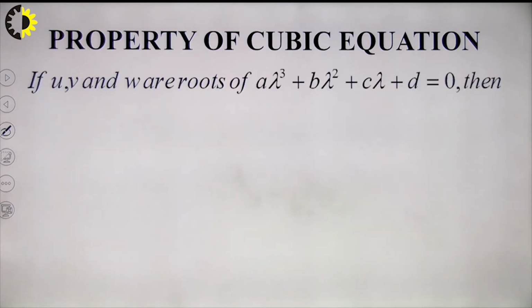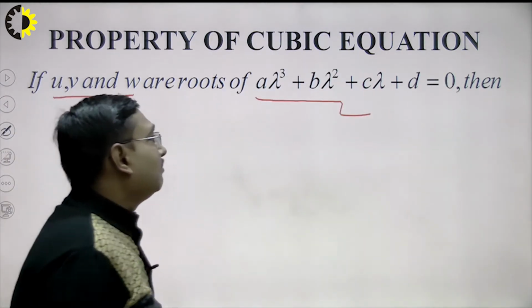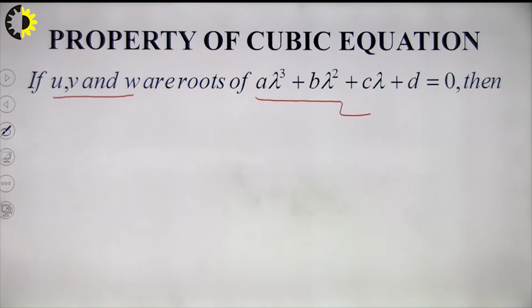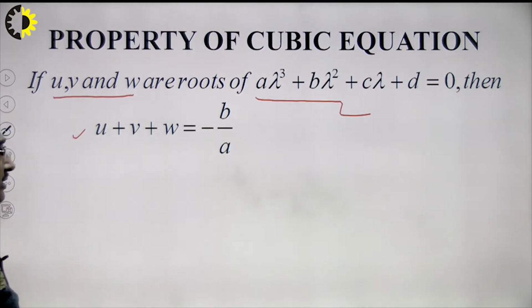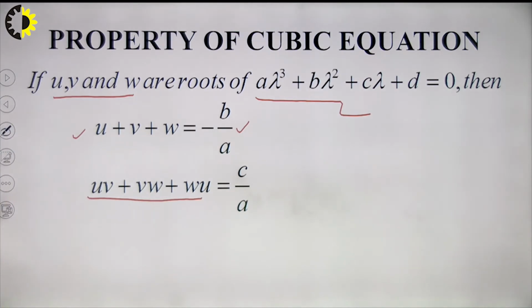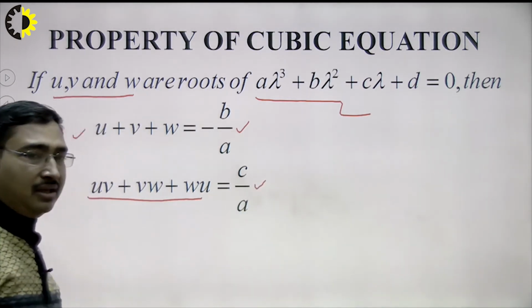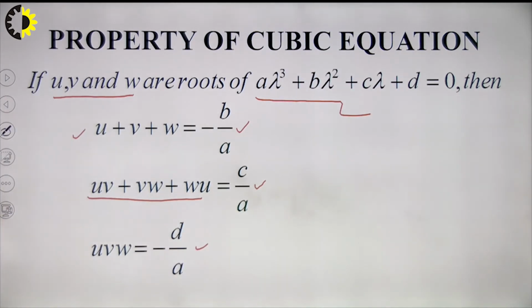We recall that if u, v and w are roots of the equation a lambda cube plus b lambda square plus c lambda plus d equal to 0, then u plus v plus w, sum of roots of cubic equation, is nothing but minus b by a. uv plus vw plus wu is equal to c by a, and uvw is nothing but minus d by a.